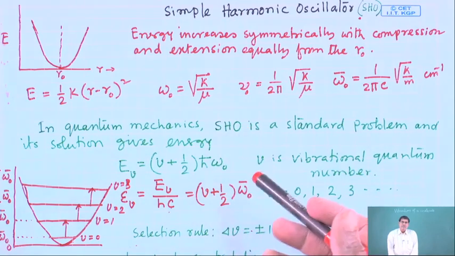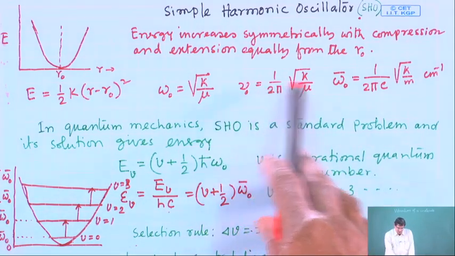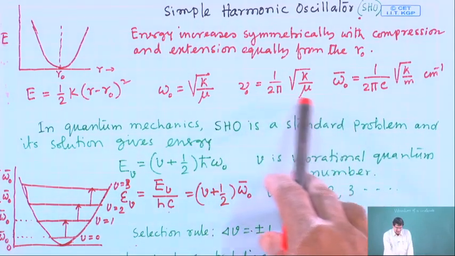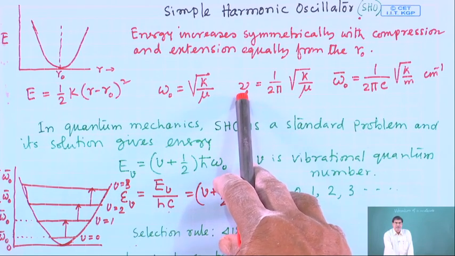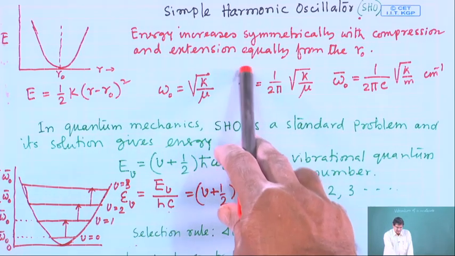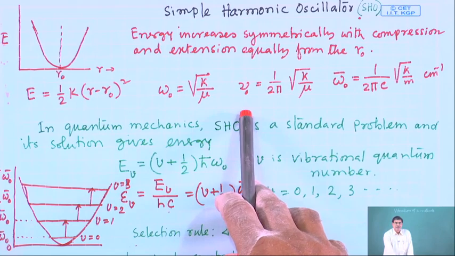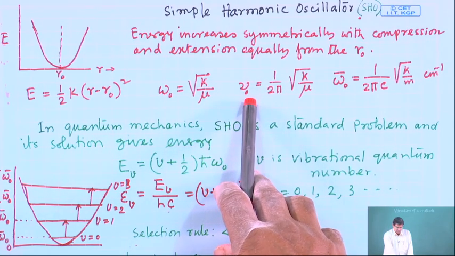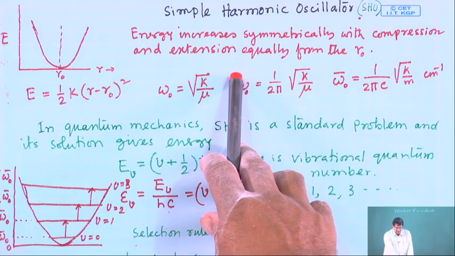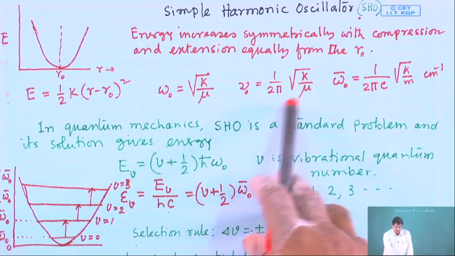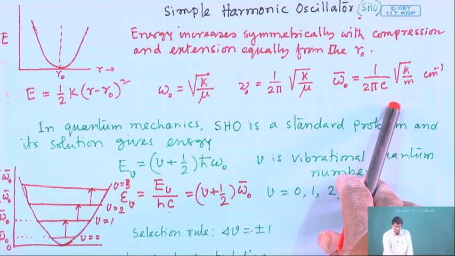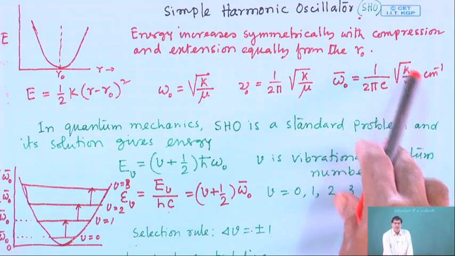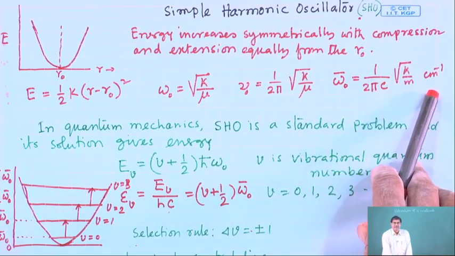And then in wave number, nu 0 equal to c by lambda. So, 1 by lambda is nu bar, and nu bar will be nu 0 divided by c. So, 1 by 2 pi c square root of k by mu, that will be in centimeter inverse as wave number.